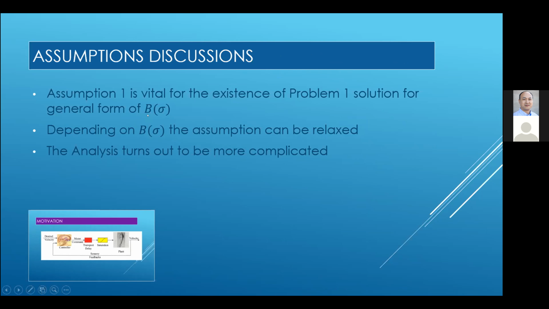You can essentially change the assumption if you have more information for B in function of sigma here, and therefore the assumption can be relaxed. The analysis, however, will turn out to be more complicated, and the conclusion drawn might not be relevant.